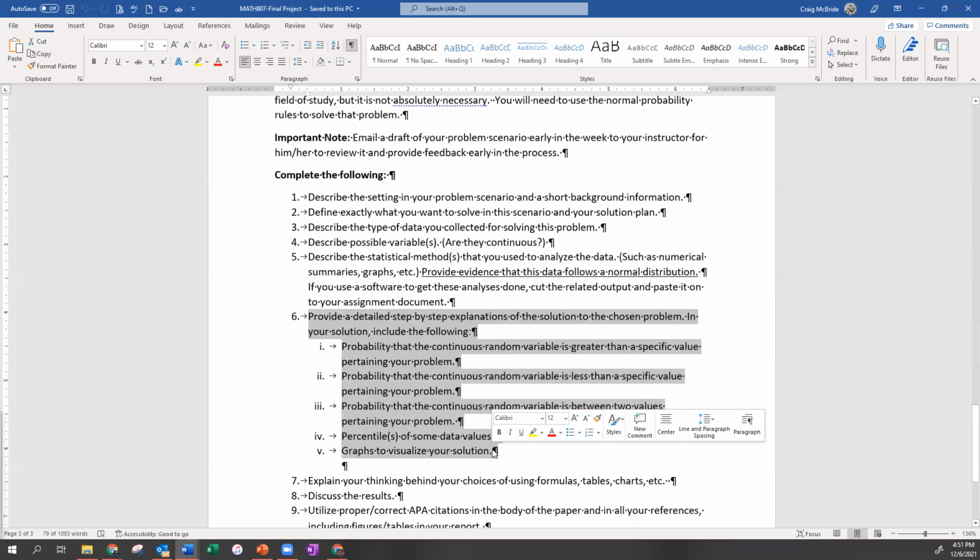This is how I would calculate the probability that it's between 200 and 250. This is how I would calculate the score that gives me 10% of the data above it. And here are the graphs for each of those 4 things. So that's what you're doing with part 6. And then the rest is just describe and justify what you're doing as you do it.